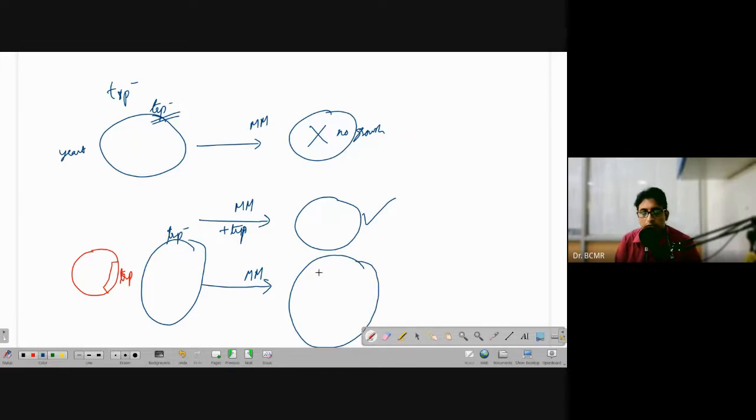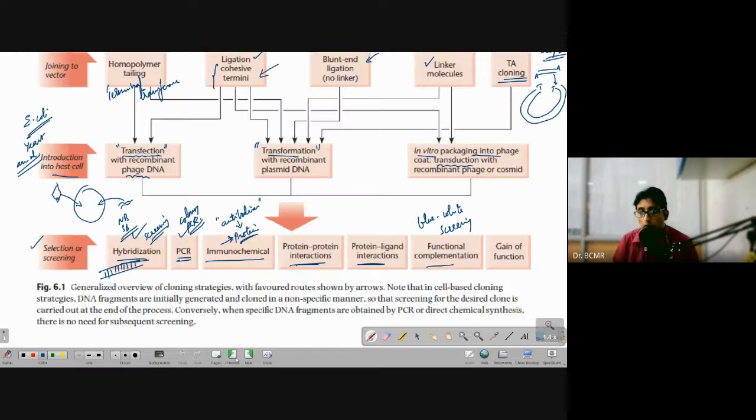Those cells which have gotten the vector would grow, because the vector has the gene for tryptophan production. Even on minimal media, those cells can grow and form a colony, whereas the other ones do not have the capacity to grow on minimal media like this, so they will not grow. That is functional complementation, or gain of function.